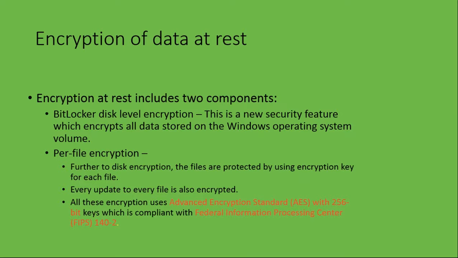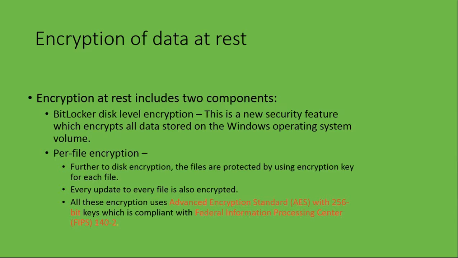Now, another case is when data is at rest, when data is in the system. How is the data secured? There are two components for the encryption of data at rest. First is BitLocker disk-level encryption. BitLocker is a security feature in the Windows operating system that encrypts the entire disk where the data is present, so the data is secured there.